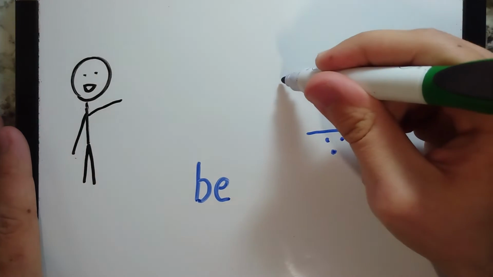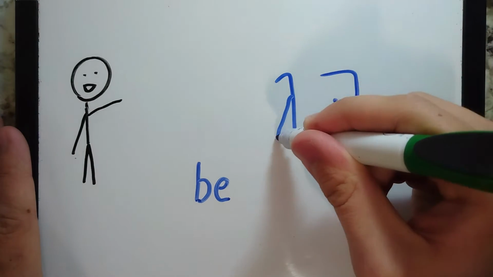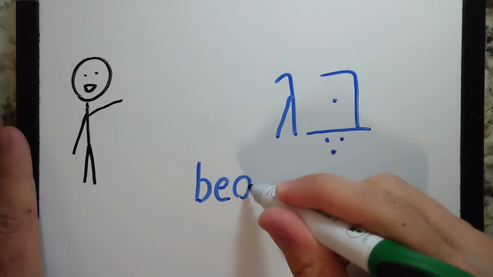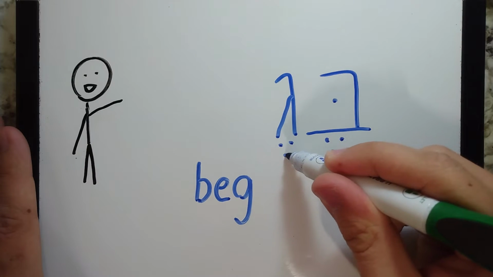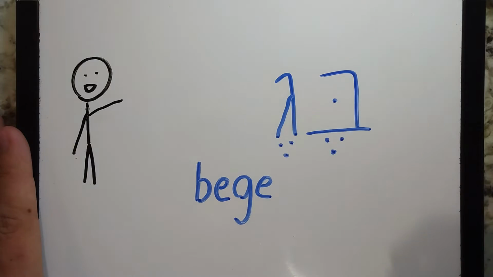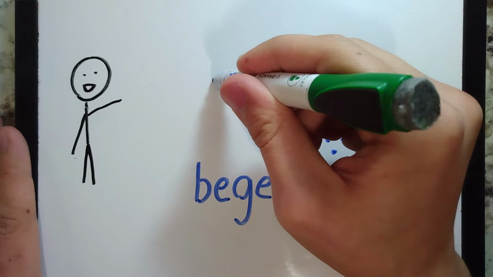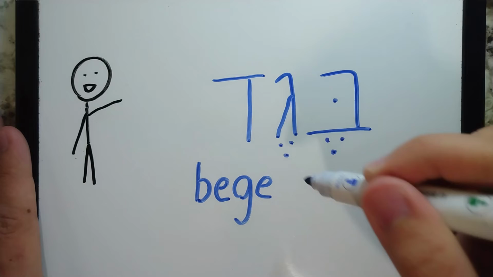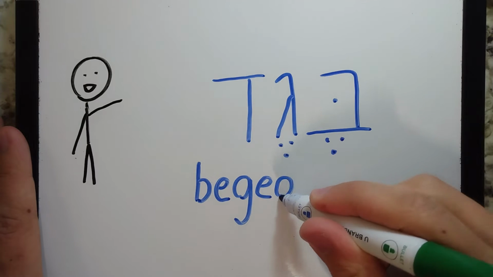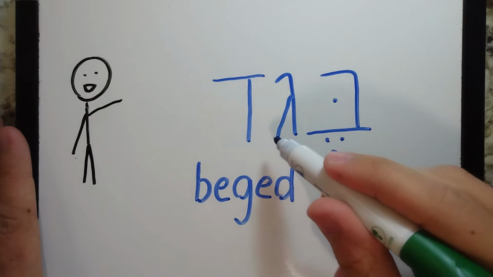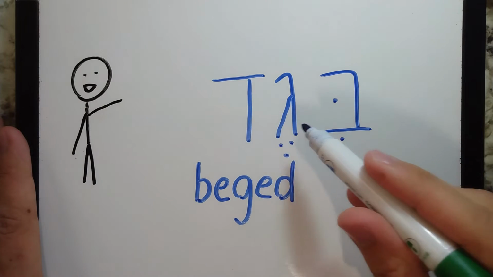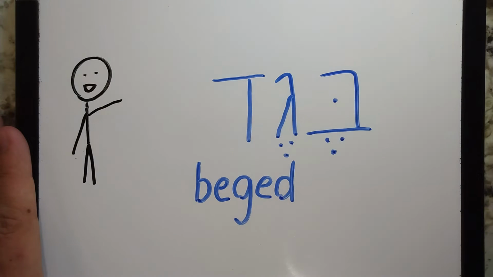Moving to the left, we will add a gimel, which says g, and under the gimel, we will add another segol, eh. And finally, we will add a dalet at the end of the word, which says d: beged, beged, which means garment or piece of clothing.